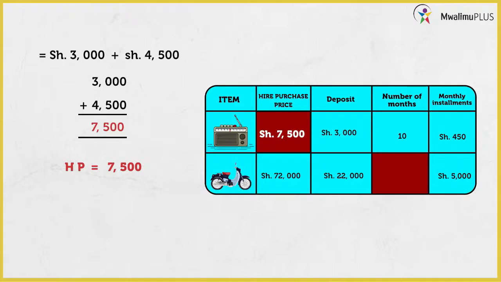If you did, that is good of you. If you made some slight error and you did not get 7,500, don't be worried so much. But go again and work it out and see whether you are going to get the correct answer as 7,500 shillings. Let's go now to B, where we are dealing with the motorcycle.